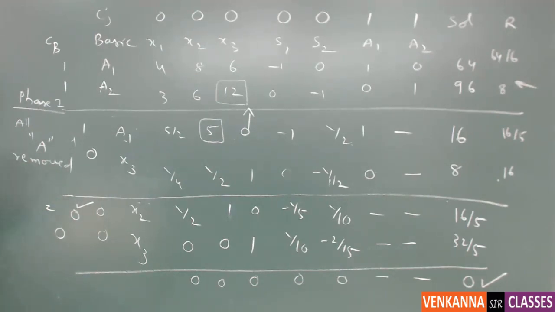If not, if there is one artificial variable present there, we check the objective function value z by substituting the solution values. If the objective function value is 0, then you can go for the second phase. If it is not equal to 0, that is, less than 0, then we terminate the procedure. There is no need to construct the second phase table, and we say that the system has no solution. That is the conclusion.